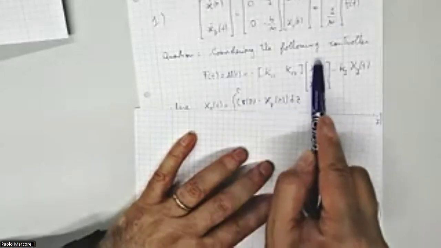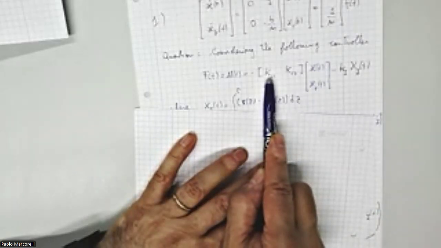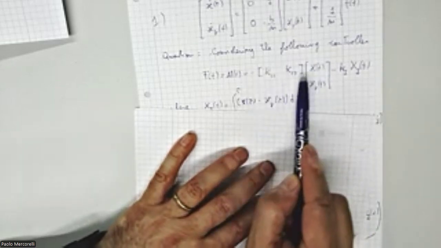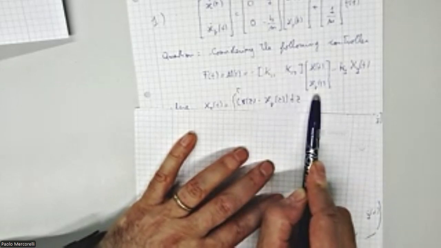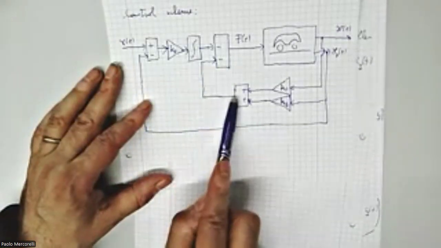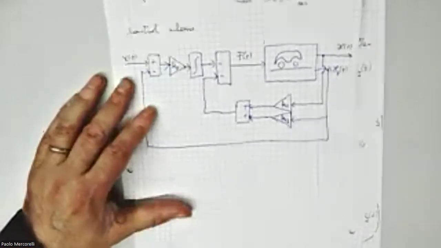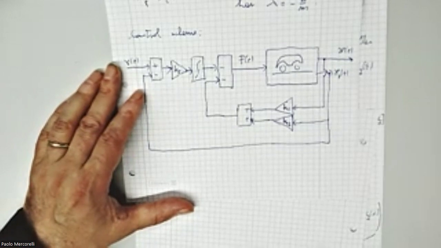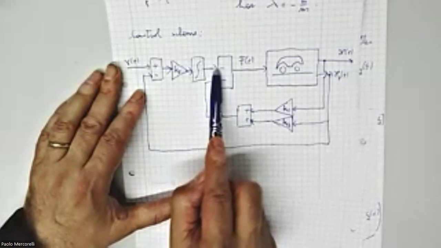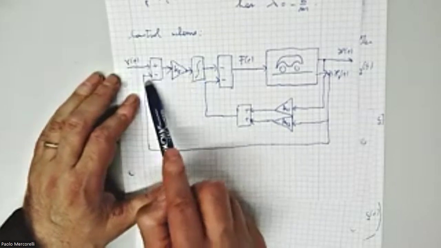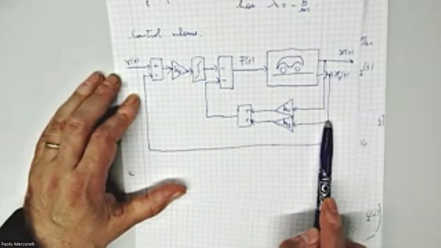F of t is the sum of these contributions, or the linear combination, better to say, of these two contributions, minus k11 multiplied by x minus k12 multiplied by xv. This part here is the linear combination, which can be represented in this form here, with minus for both. If you remember this block diagram language. But I also have to consider here, as f of t, the integral of the error between r of t minus what I want to control, xv.